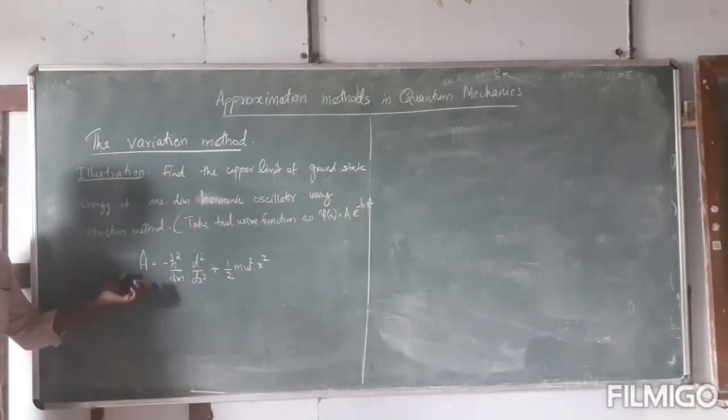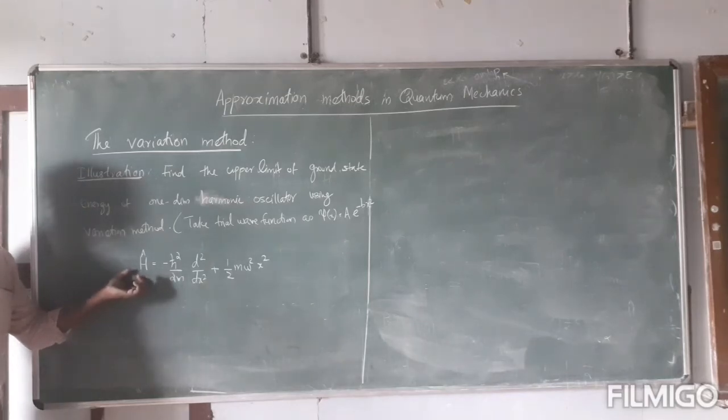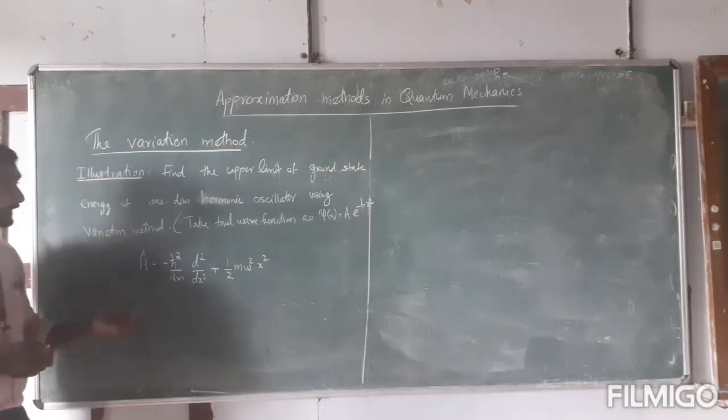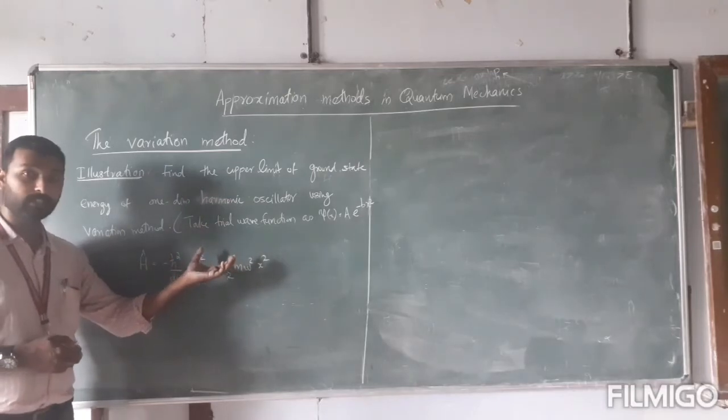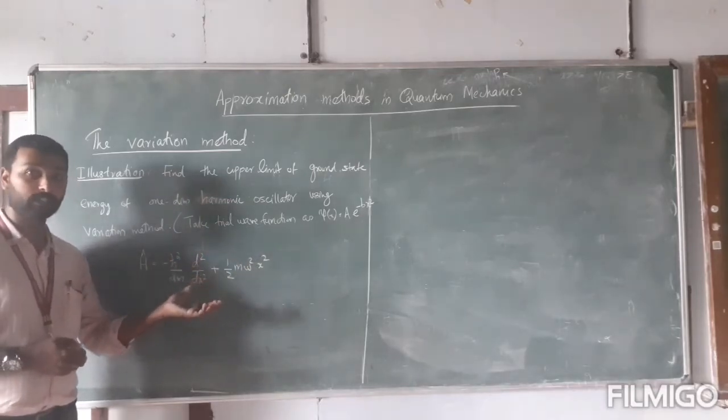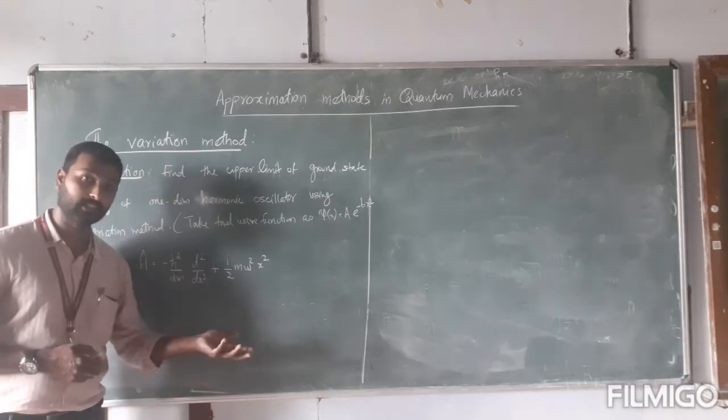Now we have to find the upper bound of the ground state energy of this Hamiltonian, and actually we have already exactly solved the energy states of this harmonic oscillator problem. That is why we have picked this example: if you use the variation method, is it possible to get the exact result or not?